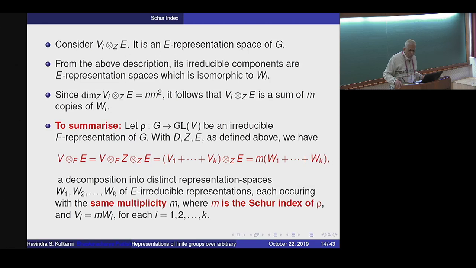Each representation space W1, W2, ..., Wk occurs m times, it's a decomposition into distinct representation spaces, and they occur with the same multiplicity. And this was Schur's way of thinking about what was later called the Schur Index.